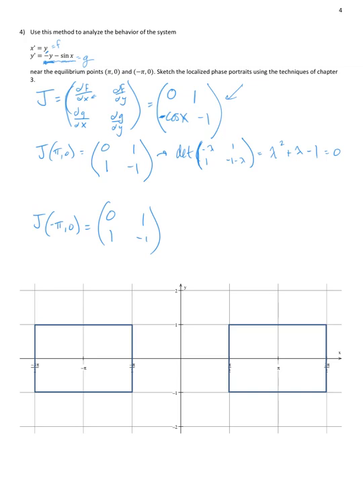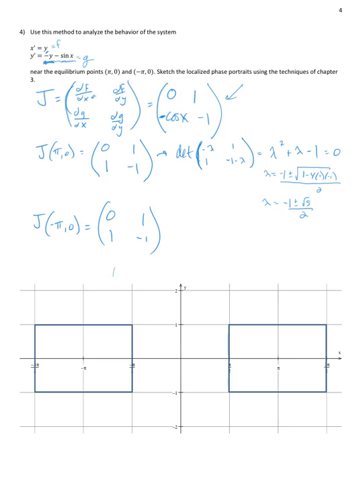Set that equal to 0 and solve for lambda. So I'm going to get lambda is negative 1 plus or minus square root of 5, over 2. So that's two distinct real eigenvalues. One's positive, one's negative, so I'm going to get a saddle.